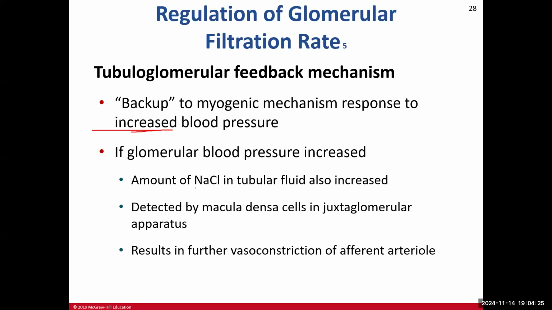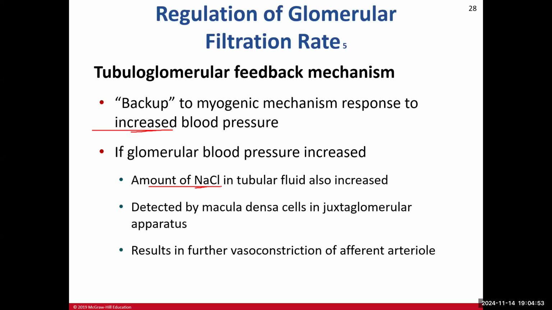You have the cells there, remember the macula densa cells that were located in the distal convoluted tubule. These cells are going to monitor the content of sodium chloride, salts. And so if there's an increase in salt, what does that mean? We have an increase in what? What's usually associated with salt?